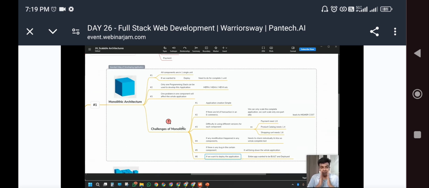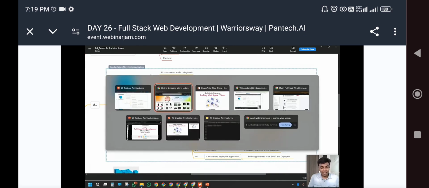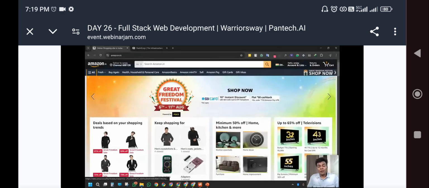Okay, are you clear? So I'm repeating again. Whenever you have a web application, especially if you are checking out an e-commerce website or platform, or a Netflix kind of platform, it will have a lot of different components and services like accounts, list, orders, cart, wish list, product catalog, etc. So every component is going to be in a single unit, where you will be using a specific stack to build it.